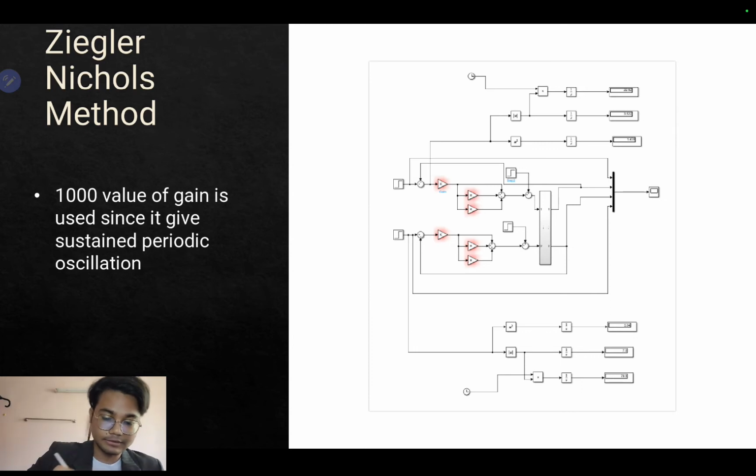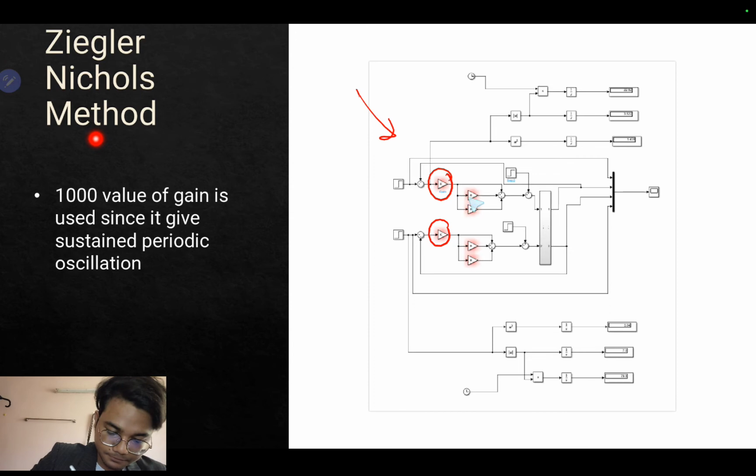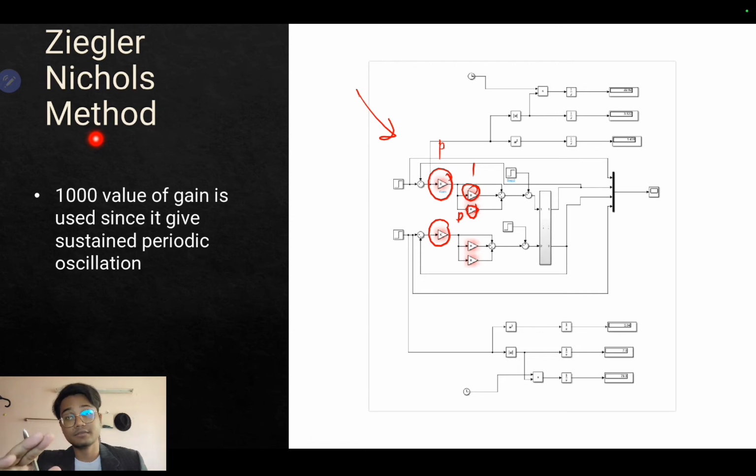This is our block diagram, where we introduce the gains here. This is P, I and D. As you know, in the Ziegler-Nichols method, we turn off the I and D values and turn on only the P controller value.